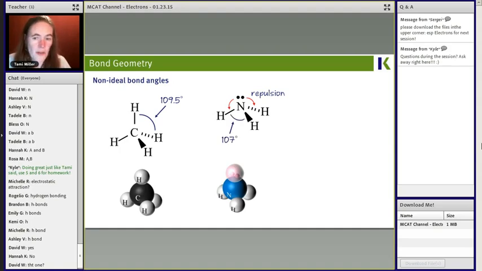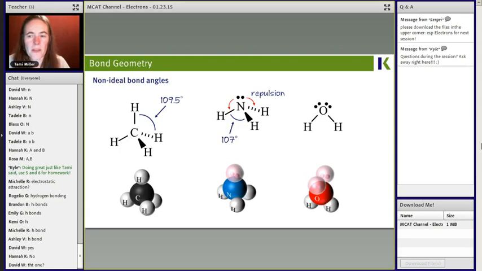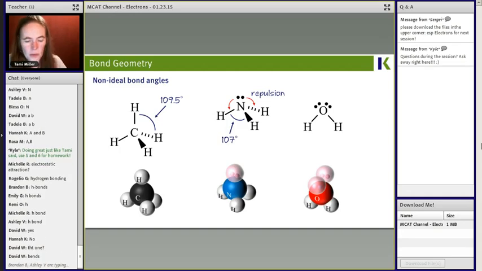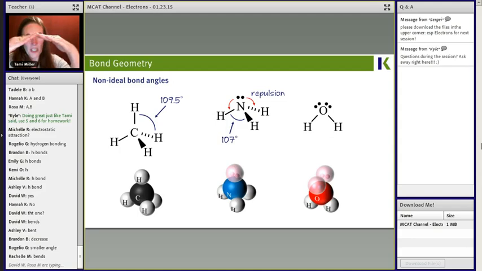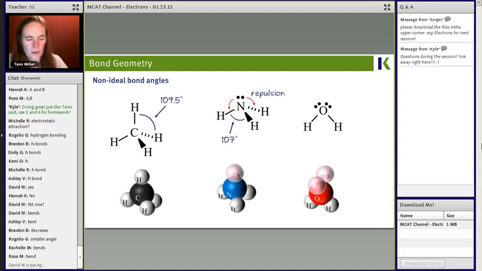It's actually 107. If I have 2 lone electron pairs, like I do in water, what does that further do to my bond angle? Oh, it's bent. It decreases it. It pushes it down even more. We're repulsing there. So this one is going to be 104.5.